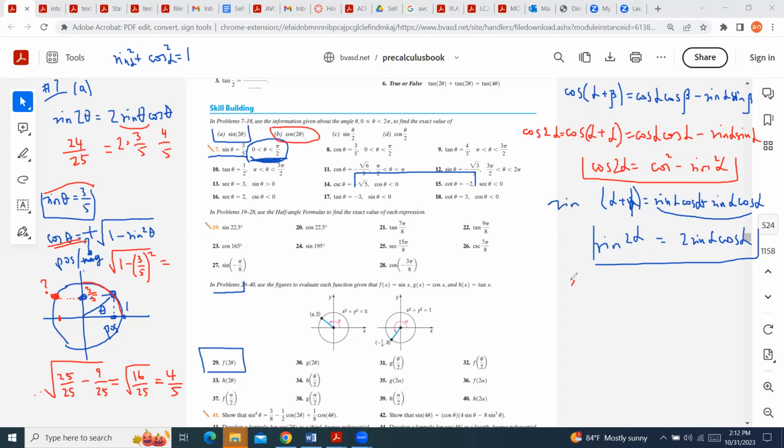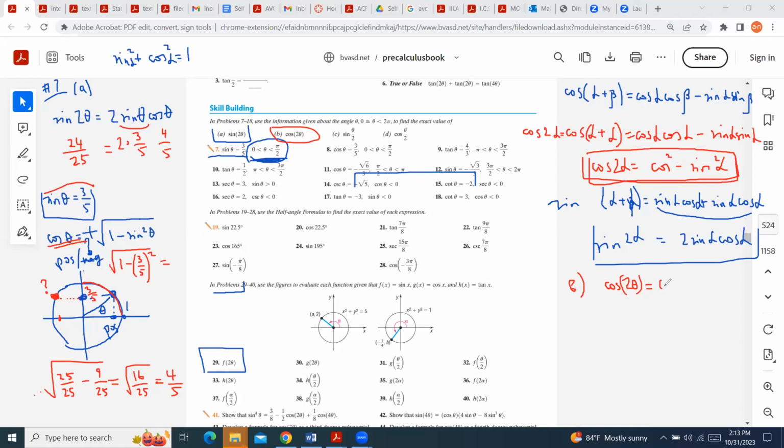In part B, they say, how about cosine of 2 thetas? And for the cosine of 2 thetas, they put in the parentheses. Don't have to put, just in case. I'm going to utilize the other new formula that we just produced.